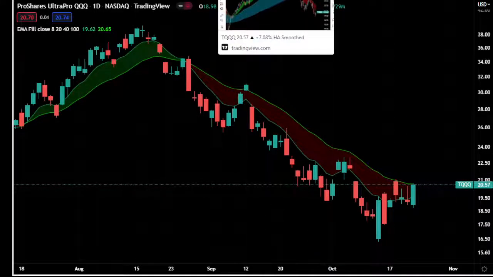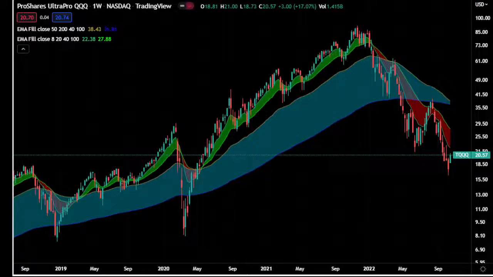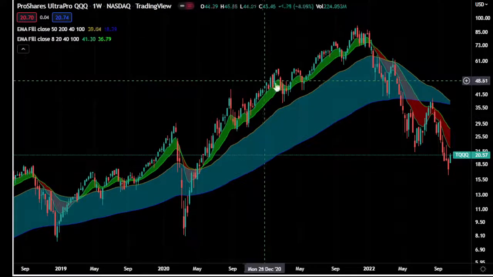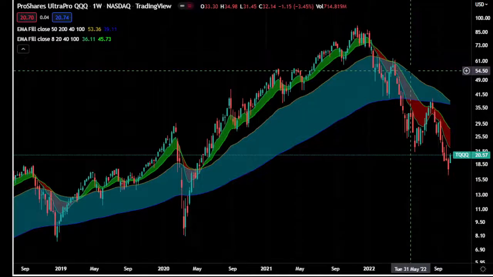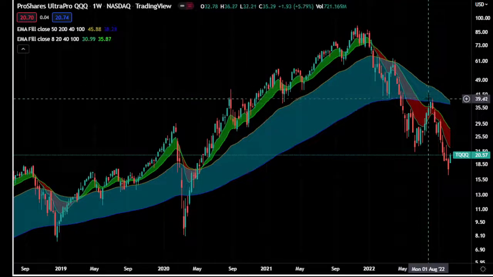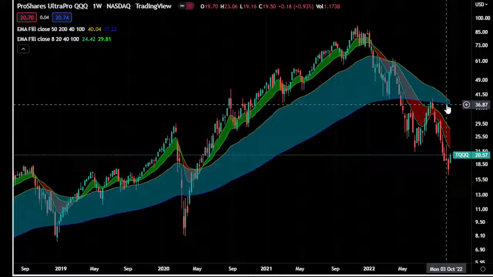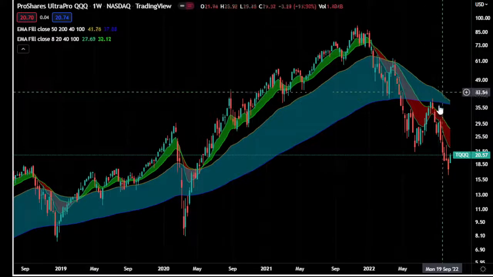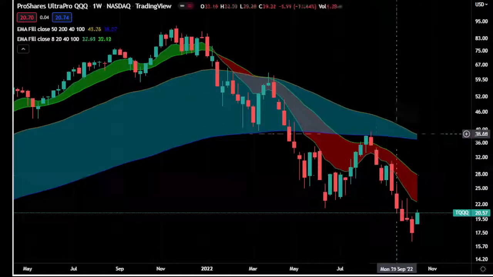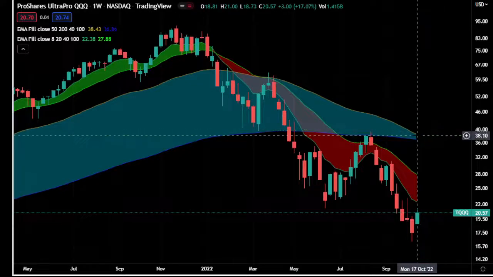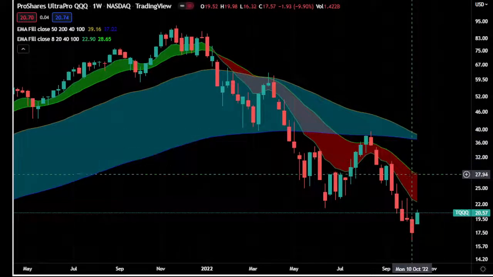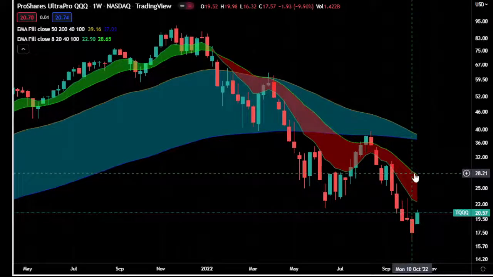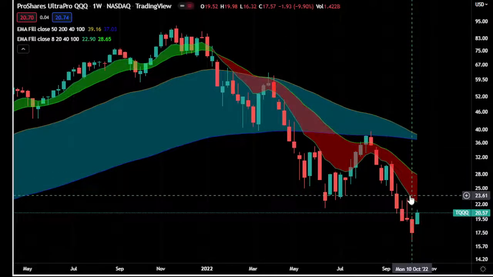So now I've added in these bands to show how the 50-week moving average lays with the 200-week moving average here and the Nasdaq. And we see that the 50-week moving average of TQQQ is still above the 200 here, and that the 20 is above the 8.